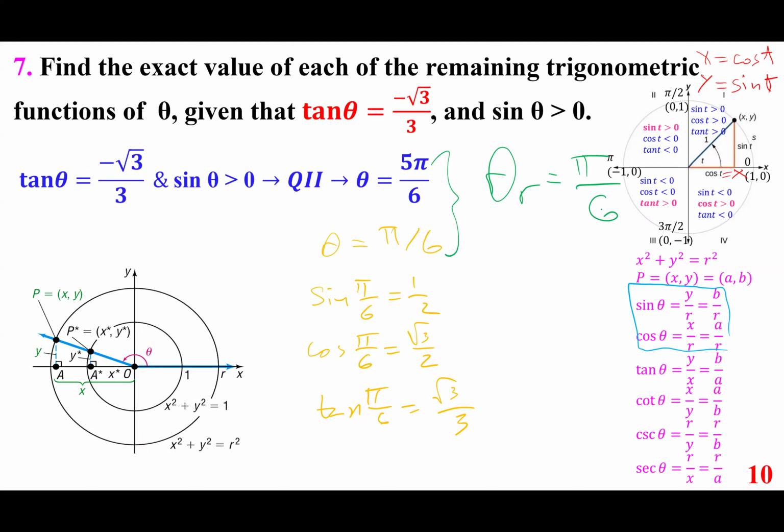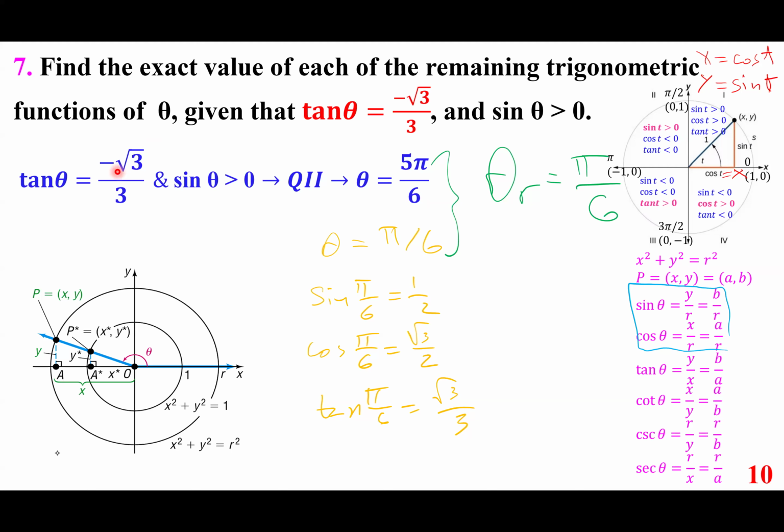In the second quadrant, you subtract this from pi and you get 5 pi over 6. It's a common arc, you should know the answer, but just in case you didn't know it, you have these two pieces of information, you can figure all of them, and we're going to go over that.